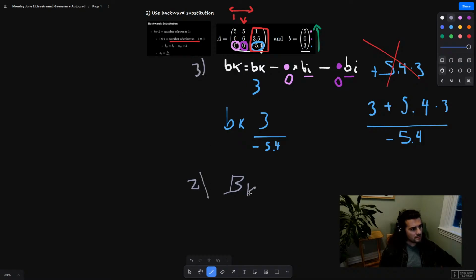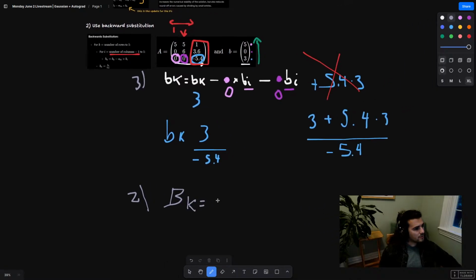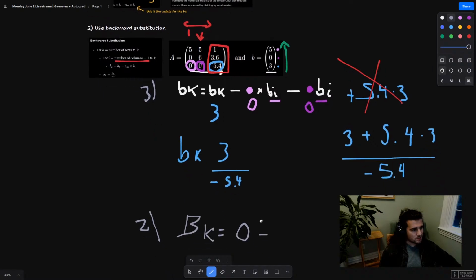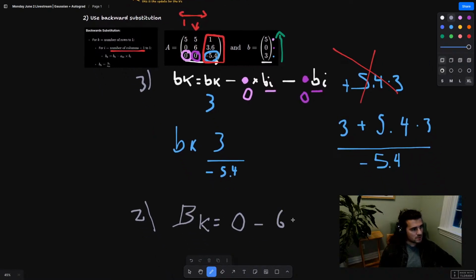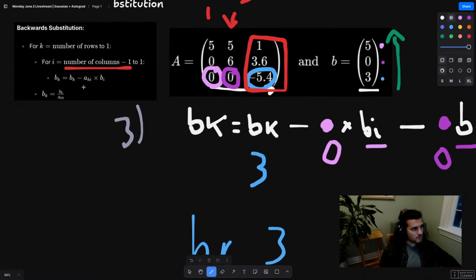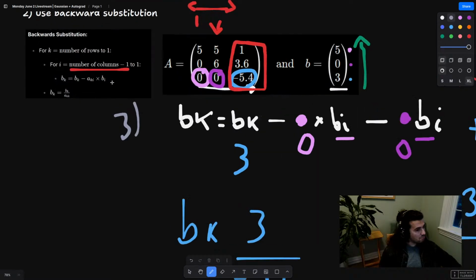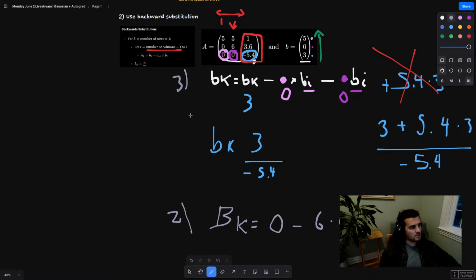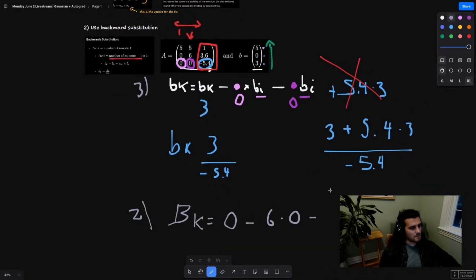The second row we have bk equal, and then we're gonna have 0 minus a at 2 at i, which is 6, times 0, I guess, minus, and then we go to 1 here, so it's 0 times whatever, 5.